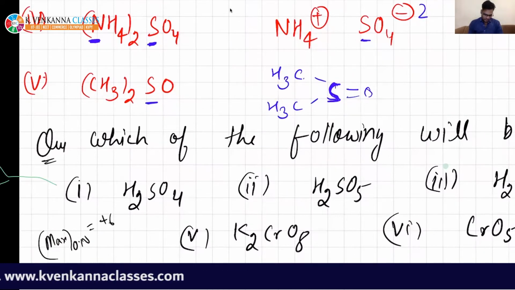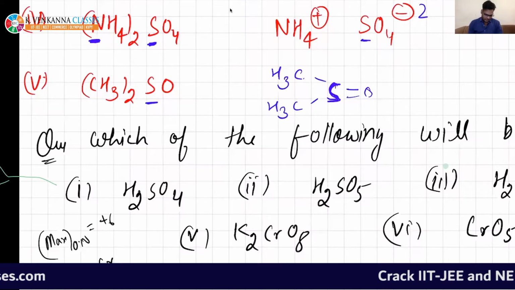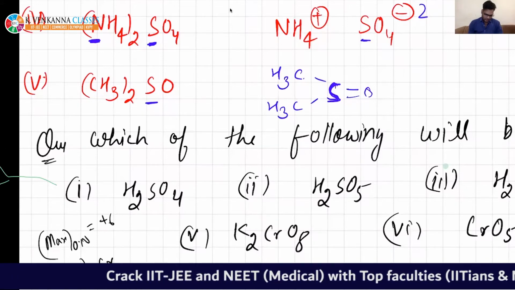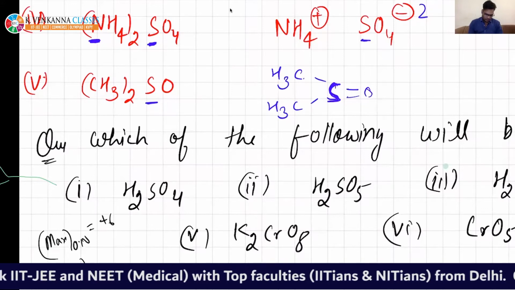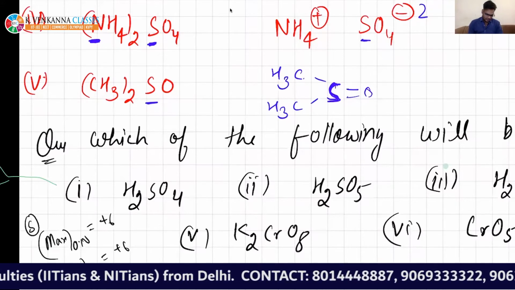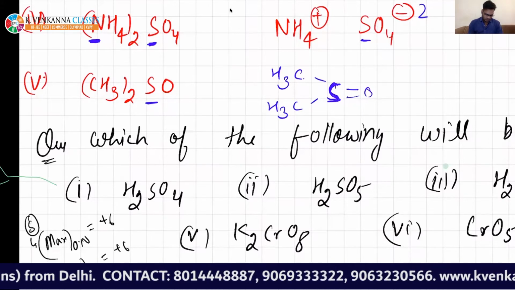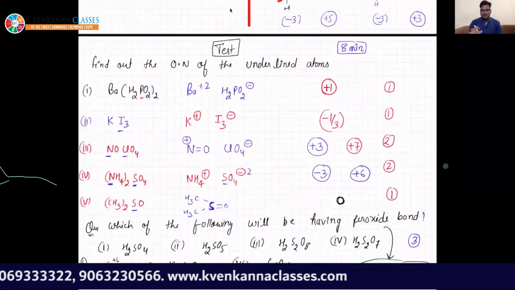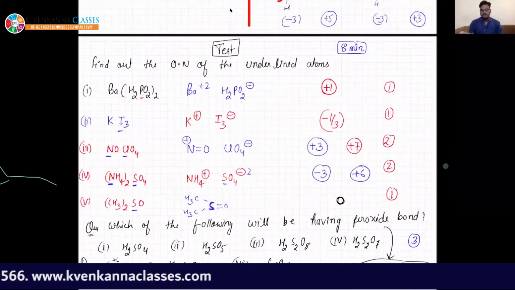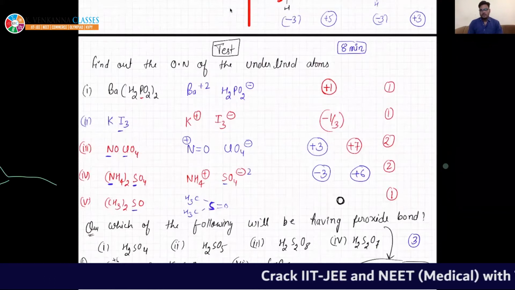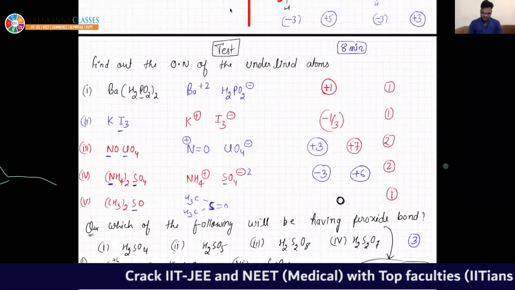For chromium, the maximum oxidation number is also 6. Both of them can have a maximum oxidation number of +6. So you must be aware of the maximum and minimum rule. That is very important. It will help you.